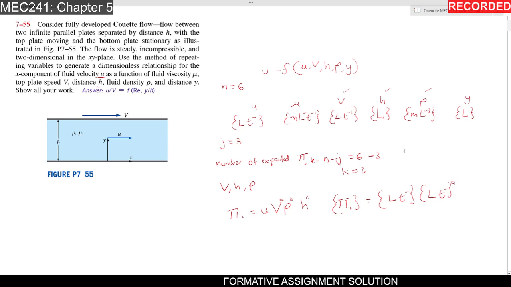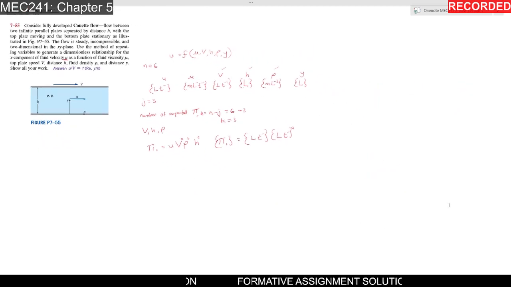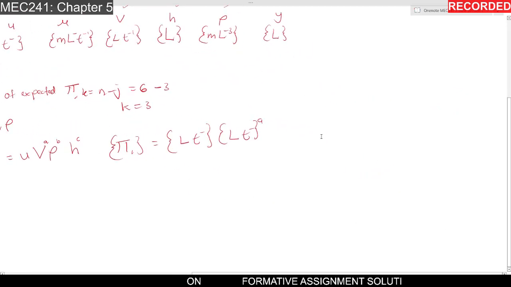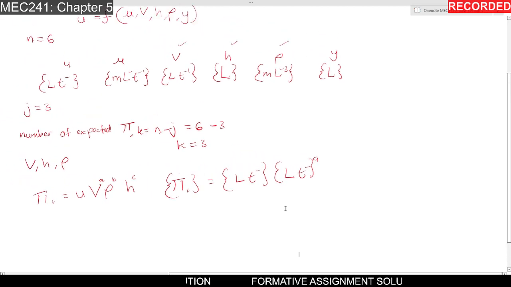Okay, and then for the density, M L to the minus 3, to the power of b, and finally the h, which is only L to the power of c.